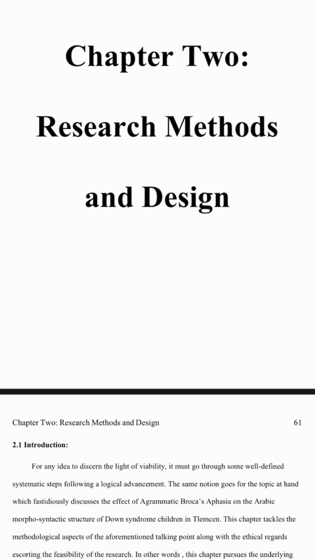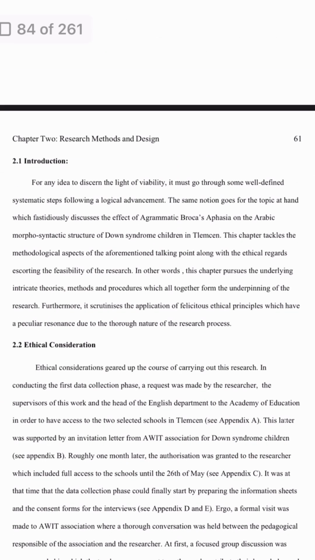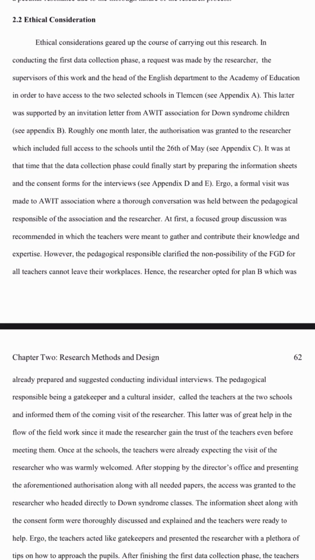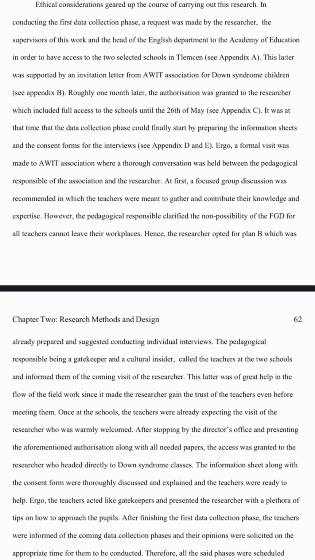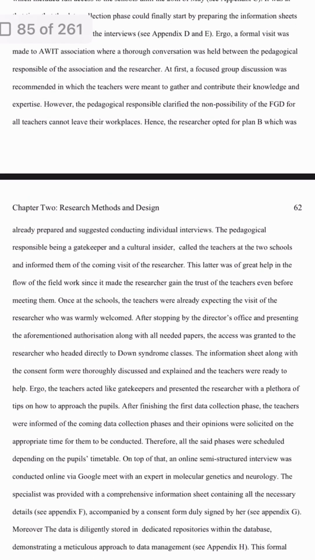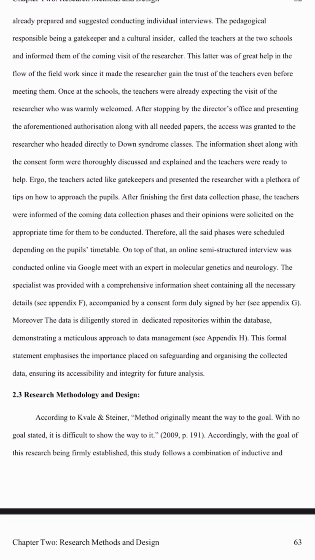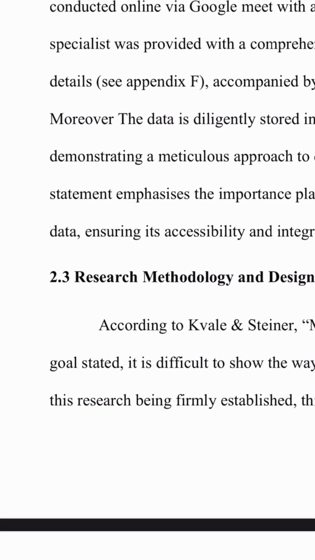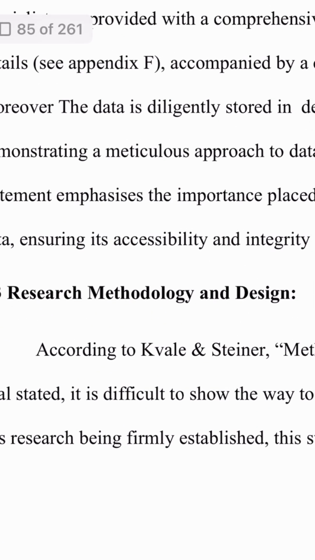Of course you'll be having an intro in this chapter, the ethical considerations, okay, all of that, because it was a very sensitive topic, you know, like working with DS kids, a lot of things to be stated. And then you will be having the research methodology and design, so it's 2.3, okay?